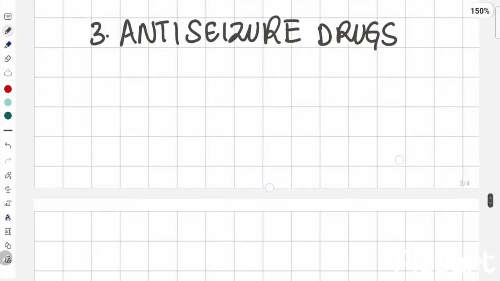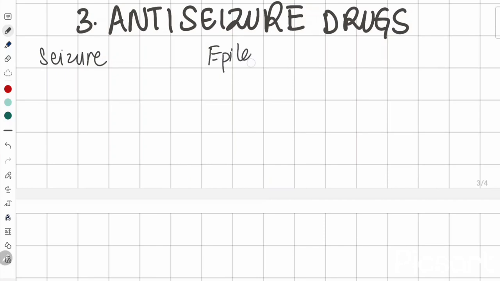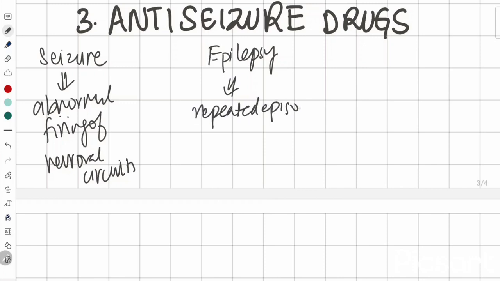Okay, so for anti-seizure drugs, first we need to know what is epilepsy and seizure. So first is seizure, and the second is epilepsy. Seizure is basically abnormal firing of neuronal circuits, and epilepsy is repeated episodes of seizures.